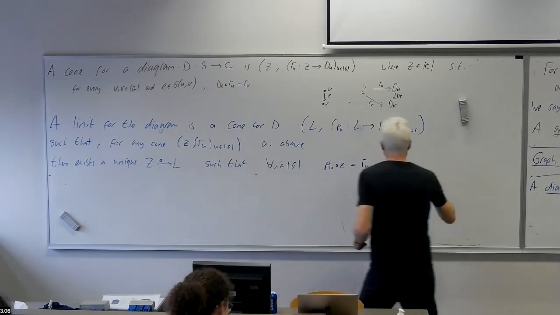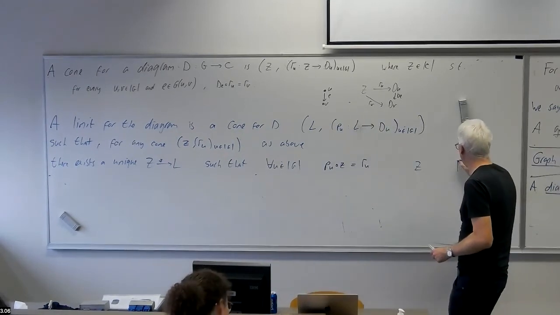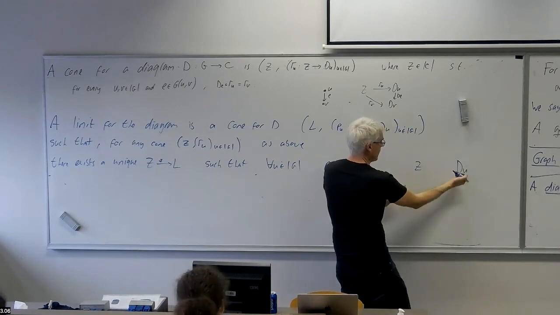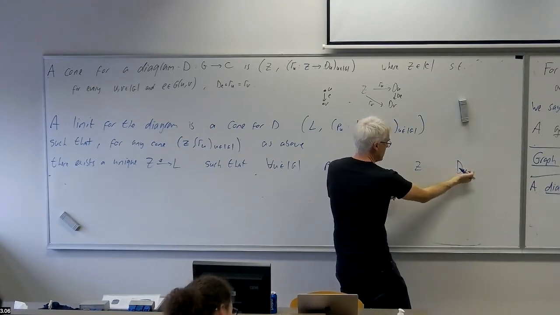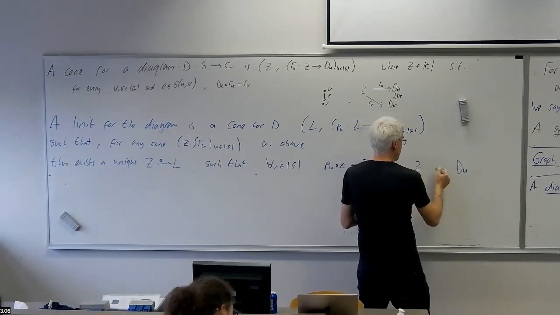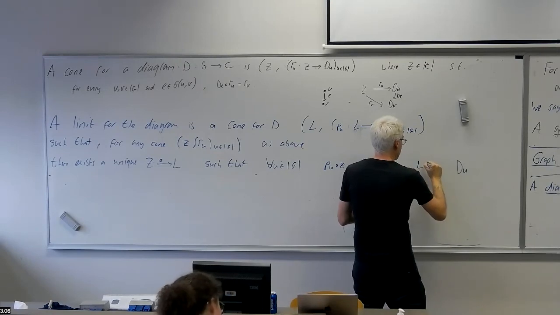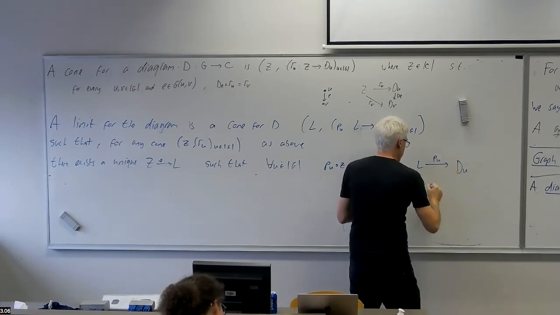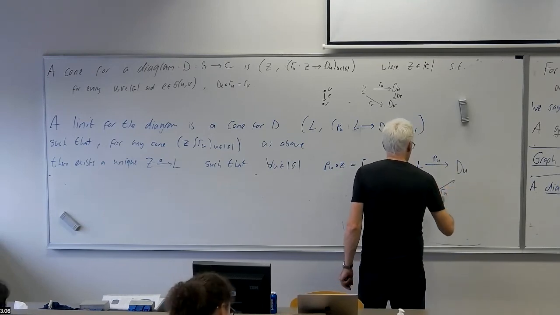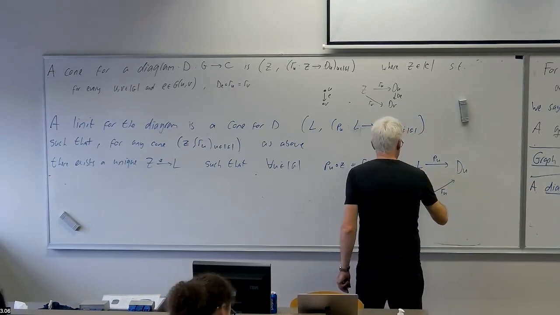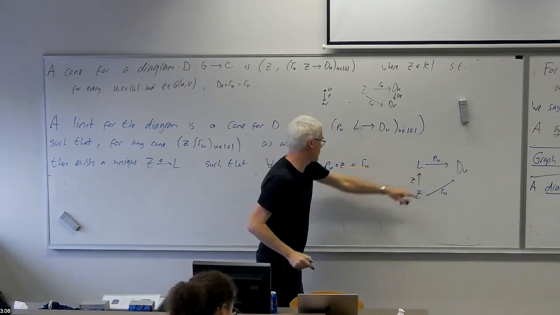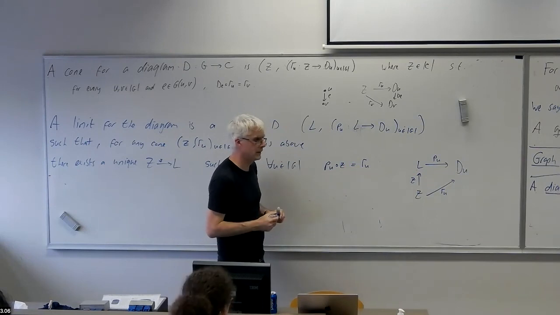So our cone is giving to every object in the diagram D_u, indexed by the vertices of the shape. Our limit cone gives the map p_u. Our other cone gives the map r_u, and we've asked for a unique map z here that makes all these triangles commute.